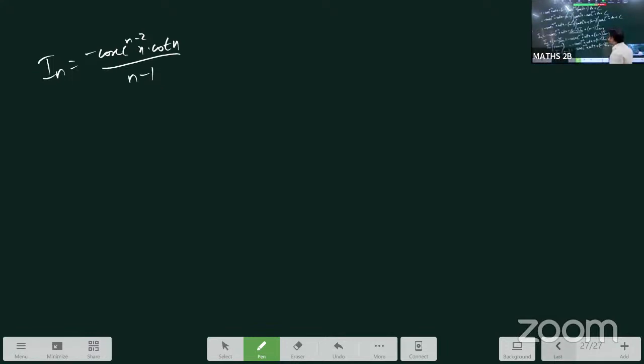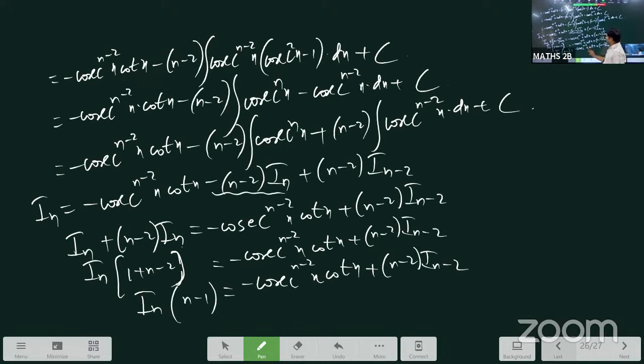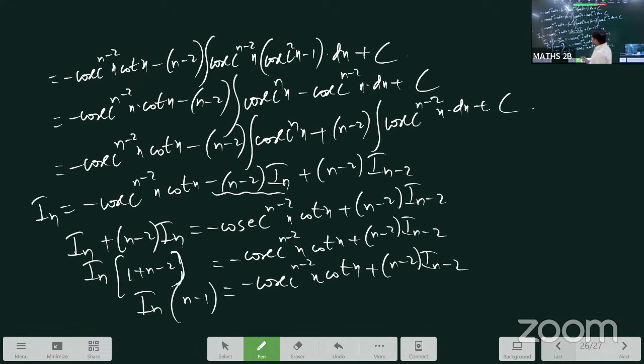See here, minus cosecant to the power n minus 2 x into cot x divided by n minus 1 plus n minus 2 by n minus 1 I n minus 2. We are dividing this n minus 1 here and here. So n minus 2 by n minus 1 I n minus 2. Is it clear?